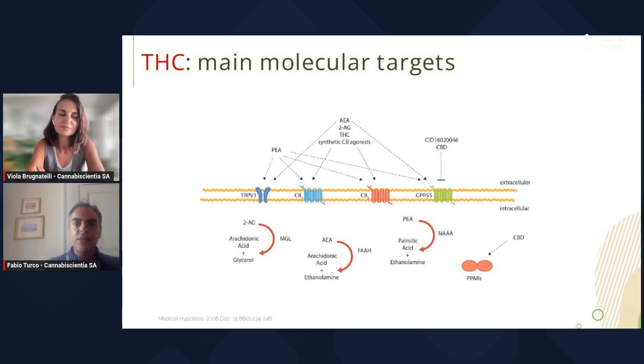And in this way, they regulate, for example, pain sensation and inflammation. So the analgesic and anti-inflammatory properties of THC are due also to the action on these receptors. Apart from these receptors, THC can also interact with other receptors, for example, GPR55, GPR18, and others.